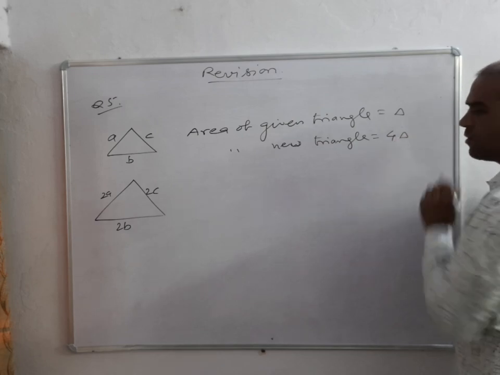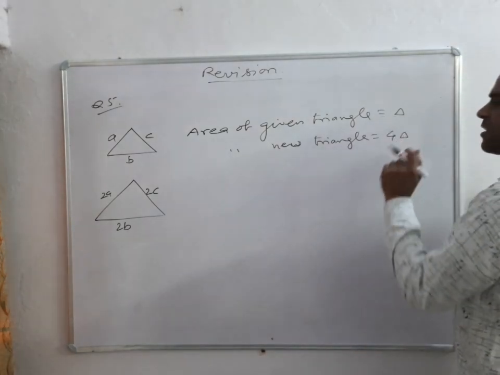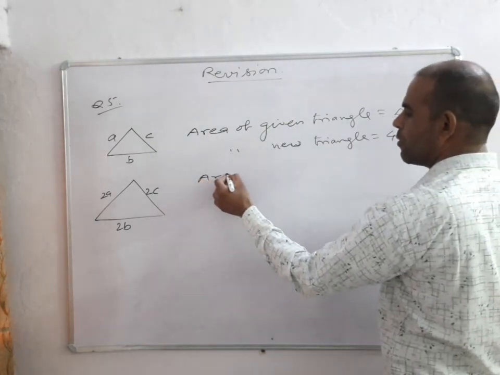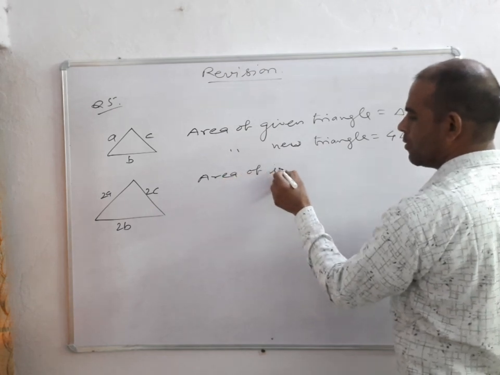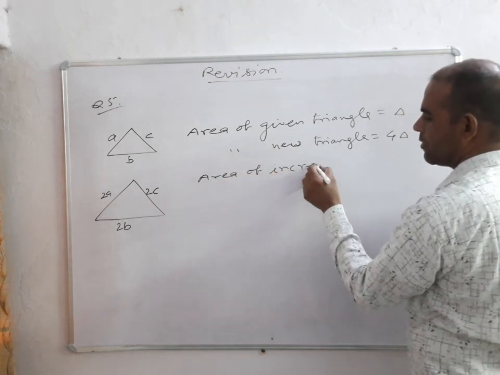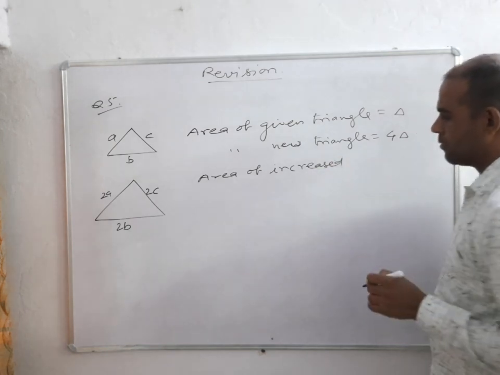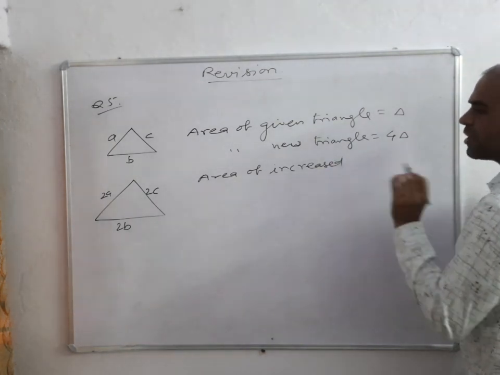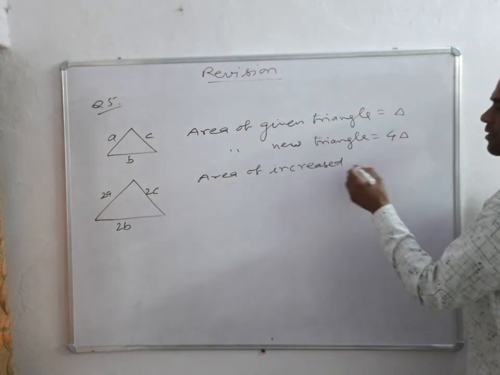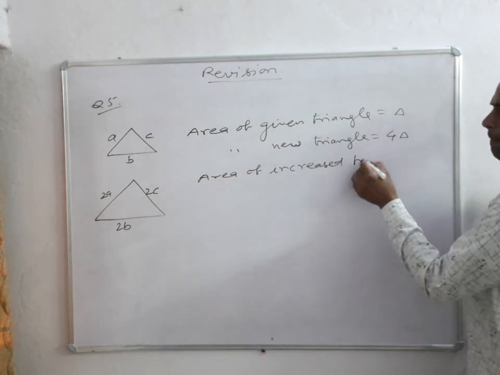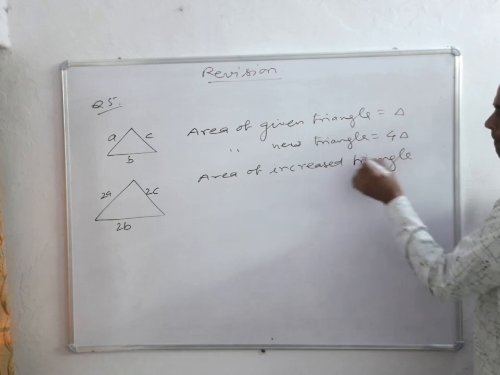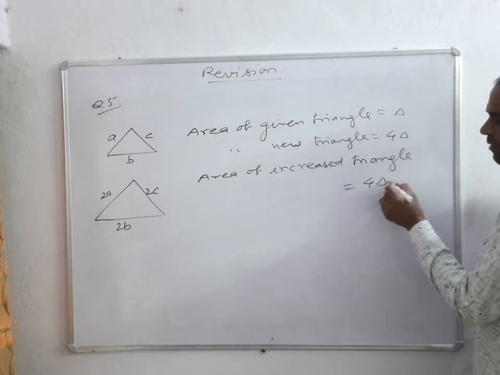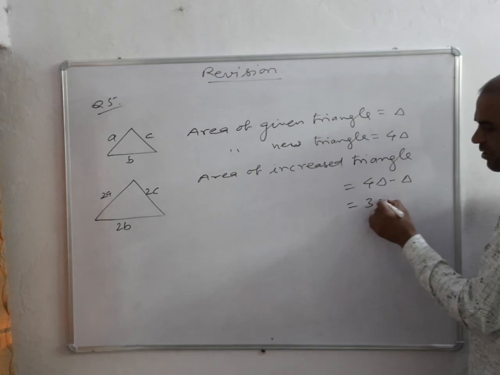So whose difference is the increased area? So area of increased triangle, increased area, 4 del minus del, that is 3 del.